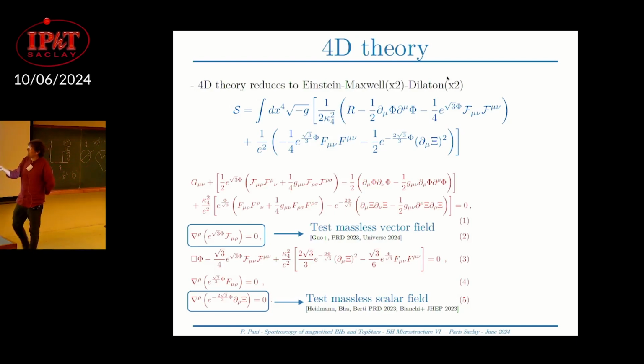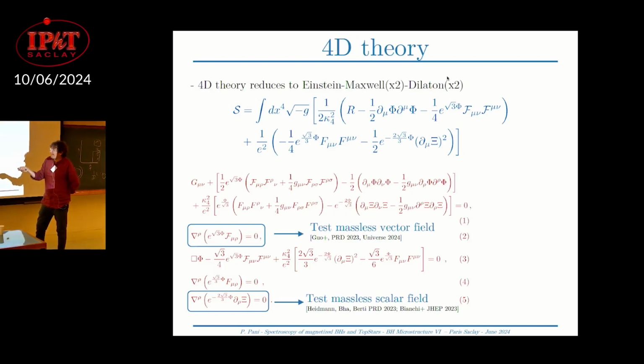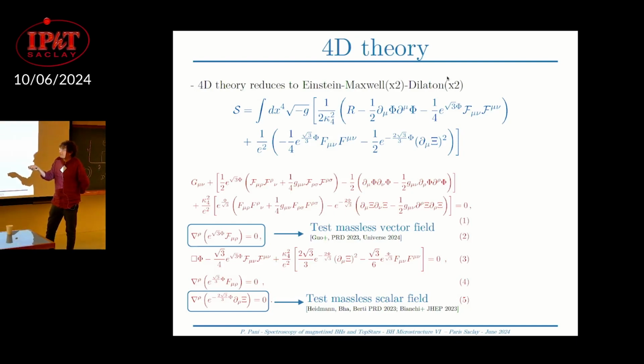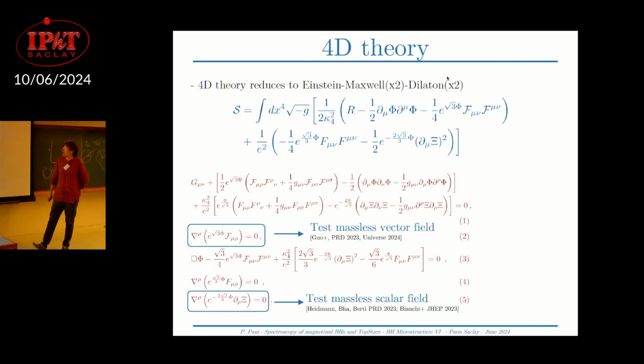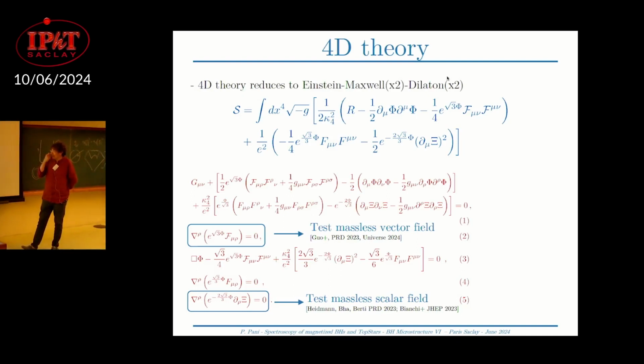And same thing here, because there is no background curly F field, this equation actually decouples from the other, and this is the equation for a test massless vector field. This was studied in a couple of papers, I believe only for black holes, not for topological stars, but nevertheless, it's a test field.